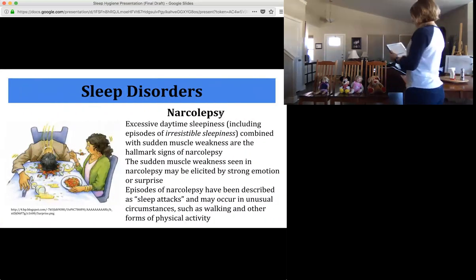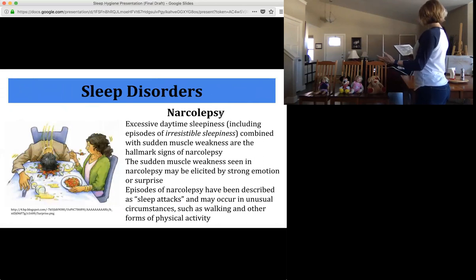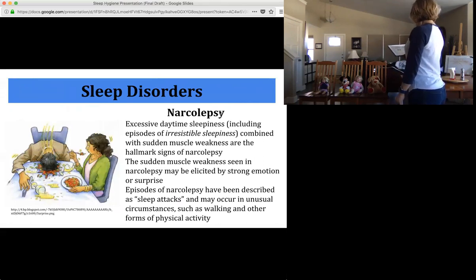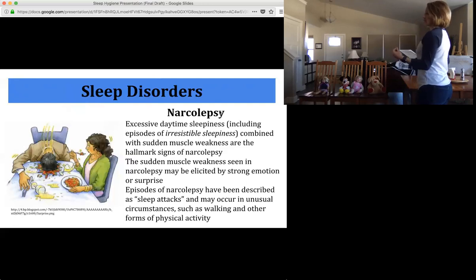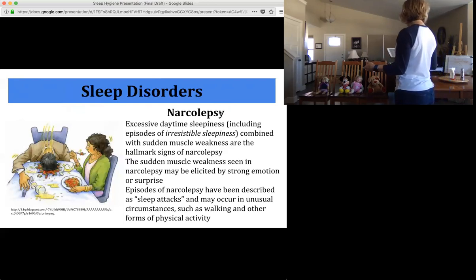The next one is narcolepsy, and this one is for people who just randomly fall asleep. They have irresistible sleepiness, meaning you can't control it. You're just so tired that you're going to fall asleep. It also is combined with sudden muscle weakness.